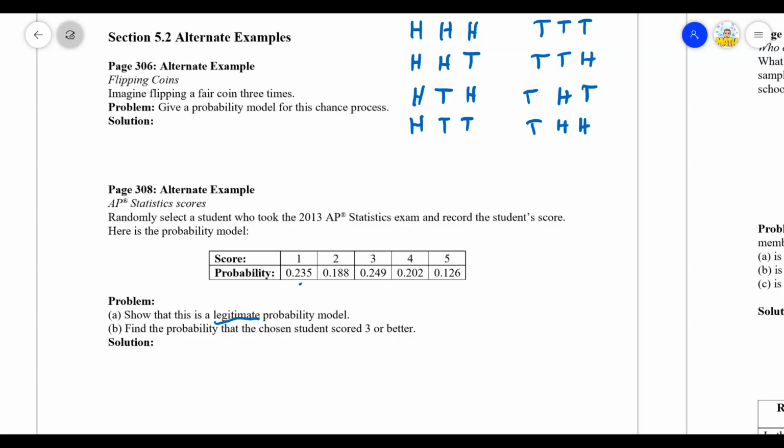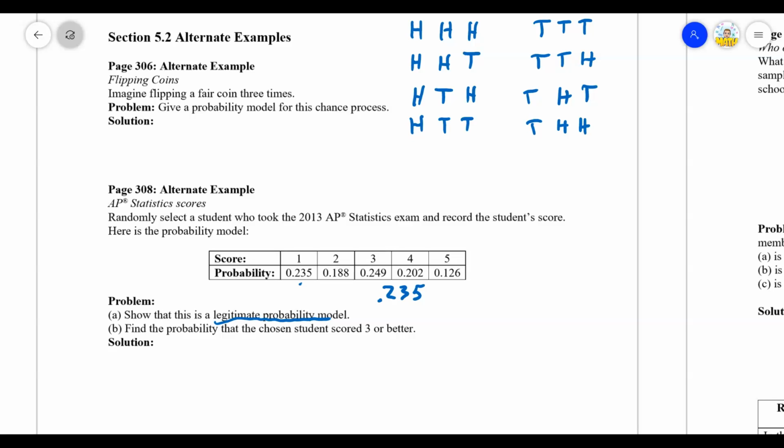Show that it's a legitimate probability model. In order for it to be a legitimate probability model, it means that all of these categories have to be mutually exclusive and exhaustive, and the probabilities have to add up to 1. By mutually exclusive and exhaustive, it means there's no other scores you can get besides a 1, 2, 3, 4, 5. And there's no way to get a 1 and a 2 or to get a 1 and a 3 at the same time.